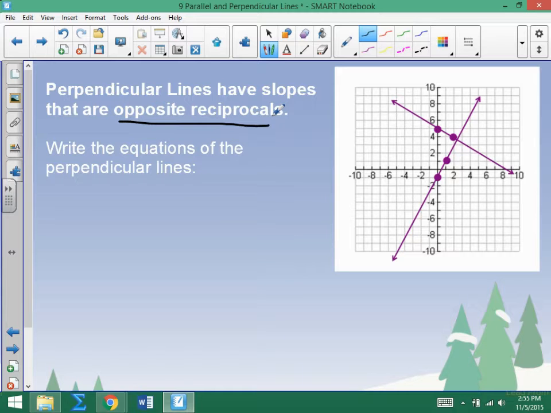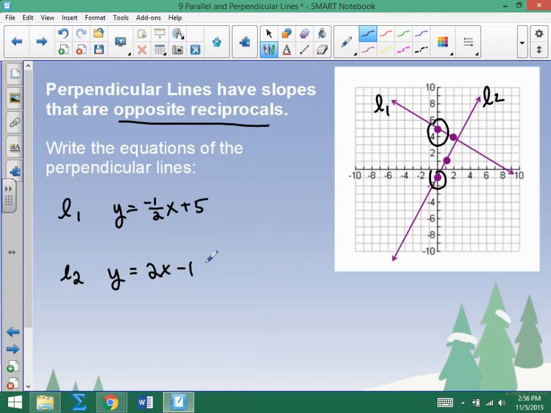Let's take a look at their equations. So this was line 1, line 2, and we'll practice with slopes in just a moment. So we found line 1 slope to be -1/2. So if we know its slope is -1/2, we can put that in the m part of mx plus b. And its y-intercept is up here at +5. Line 2's slope was +2, or 2/1 is fine, but we'll just write 2. And its y-intercept was at -1.